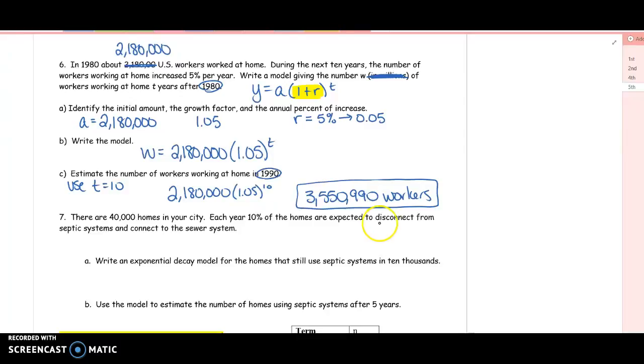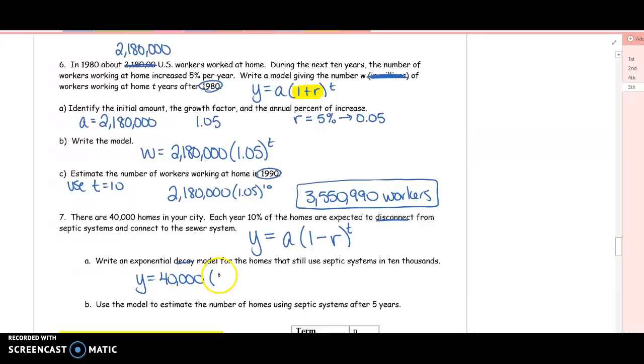So we are disconnecting. That means we are going to use an exponential decay model. The decay model is the initial amount times 1 minus the percent decay, the decay rate, raised to the T. So what is our starting amount? So that goes first.